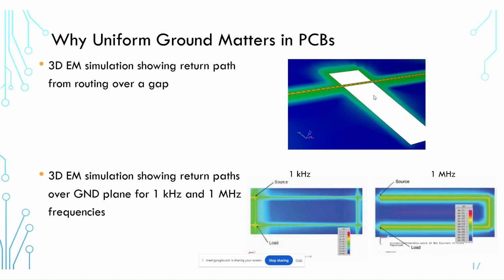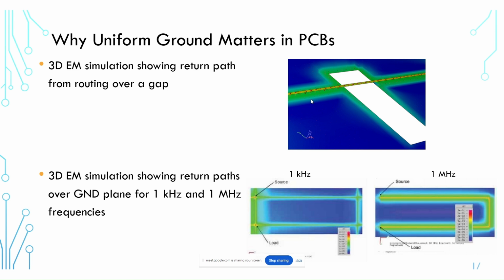Probably the number one time you will see this is if you need to create a slot for a monopole antenna, but then you wouldn't want to route underneath it. Now, in this example, of course, this trace is being routed over this slot, and then you can see in green in the ground region where the return current exists. So it's this current loop around this region that then gives you that strong radiated emissions.